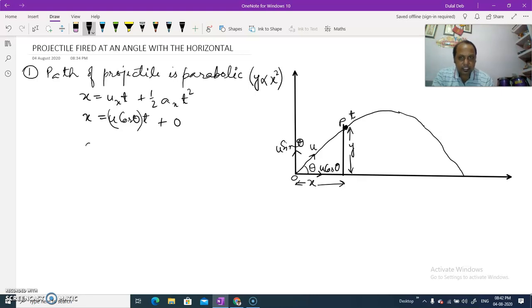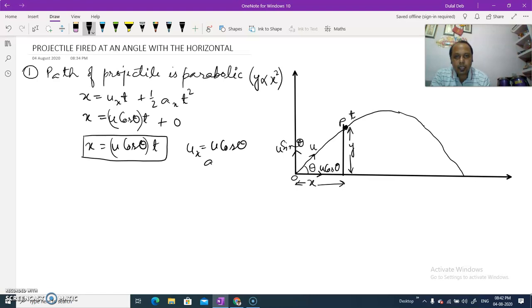So we have the relation x is equal to u cos theta into t. This is the equation. You should not forget that we have considered u_x to be u cos theta and a_x to be 0.